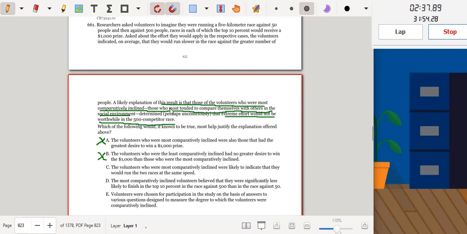The explanation of this result is that those of the volunteers who were most comparatively inclined, those who tended to compare themselves with others in the social environment, determined that extreme effort would not be worthwhile.